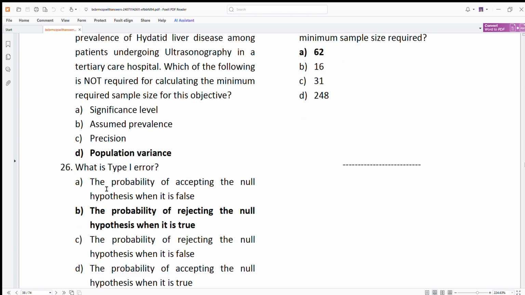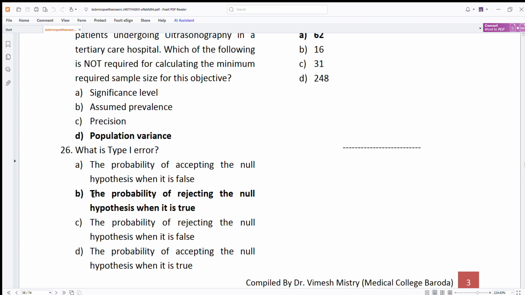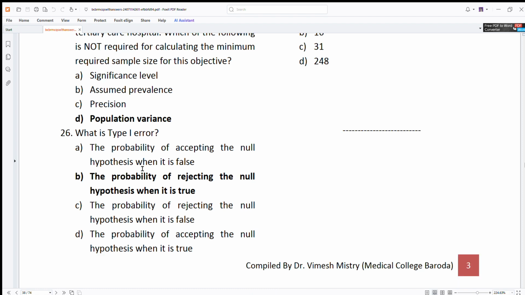True. Type 1 error is the probability of rejecting the null hypothesis when it is true. The first time the boy cries wolf, everyone believes there is a wolf, but actually there is no wolf. That means there is no difference at all. That means the null hypothesis should be accepted and the alternate hypothesis should be rejected.